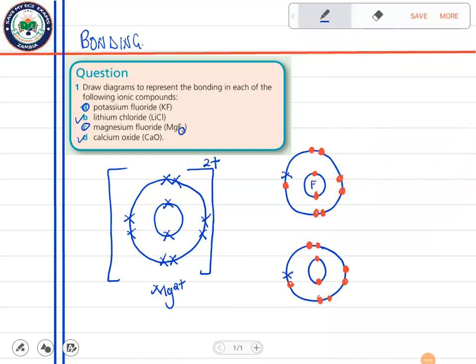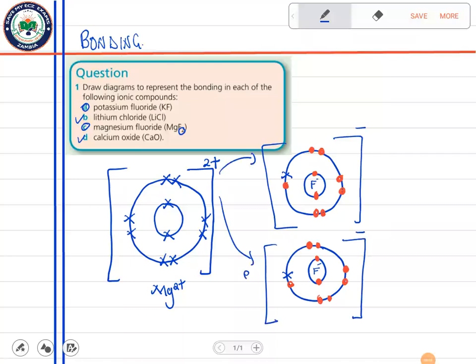Just put it there inside, and this one's a fluoride ion. So this one will be enclosed, but you have to show that there's a negative there. Even this one will be enclosed, so that there's a negative. So you can show by means of an arrow that 1 electron is donated there and 1 electron is donated there. This is what I expect you to do, even for B, as you answer B, as well as you answer D.